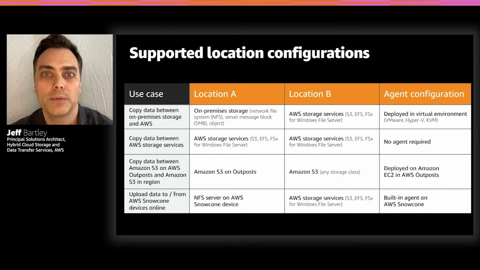And then if you're deploying in an Outpost environment, remember that the agent runs as an EC2 instance in your Outposts. And then if you're using a Snowcone device, remember that the agent is built into the Snowcone device, and you would connect to the NFS server that's running on the Snowcone device itself. It'll copy from that, and then it'll copy it up to any of our managed storage services running in AWS.